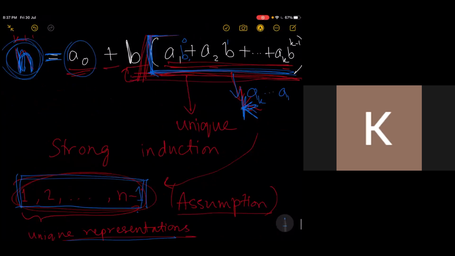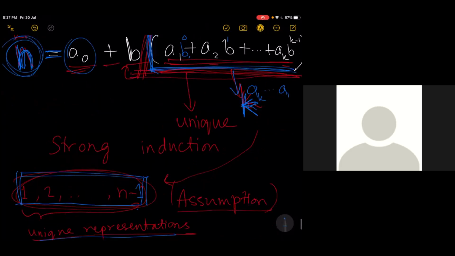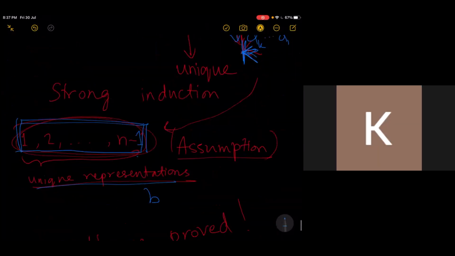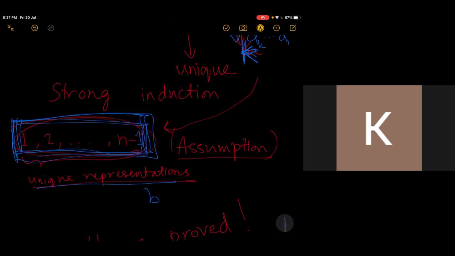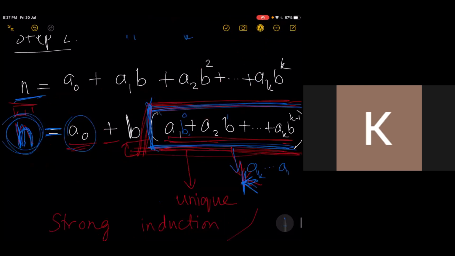So if it is smaller, then it is inside this list, because this list has all numbers smaller than n, right? And what does my assumption say? My assumption says that all numbers in this list have unique representation. So this bracket thing also has a unique representation, right?